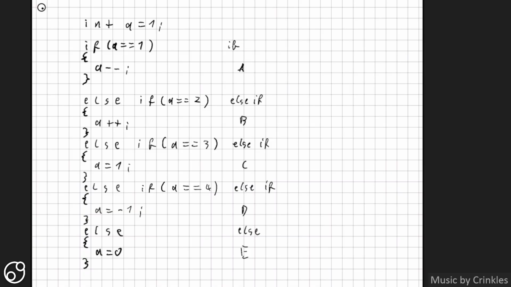This code block A can only be called when a is equal to 1. And if that's not true, then we further continue if a equals 2. And if it's not the case, we further continue with a equals 3, a equals 4. And finally we say if none of the others were true, if none of them applied, we just go to code block E. We know that at least one of these will be executed, exactly one. And depending on the value of a, it's going to be one of these code blocks here.